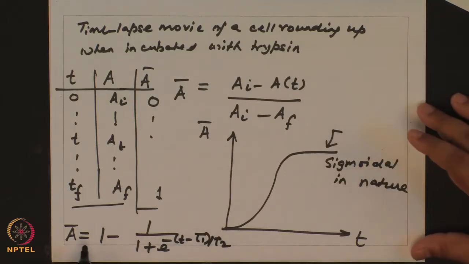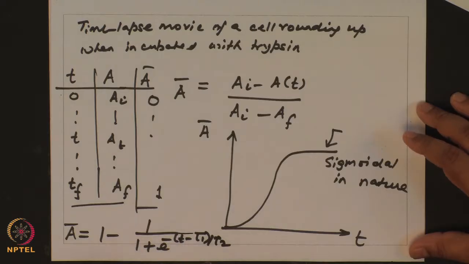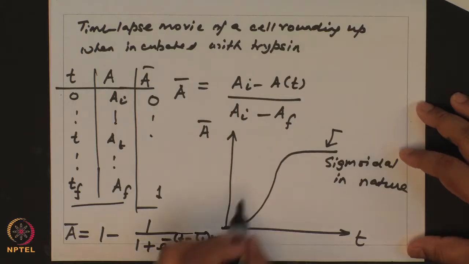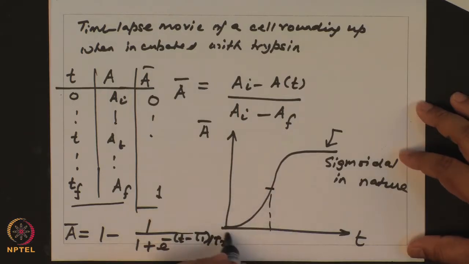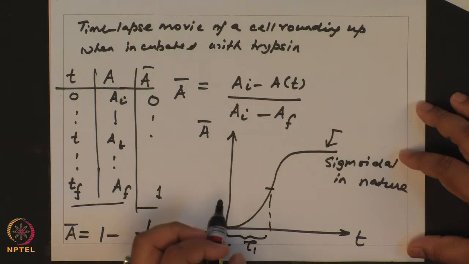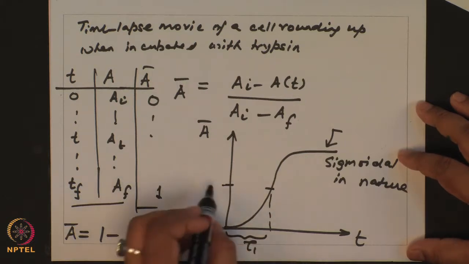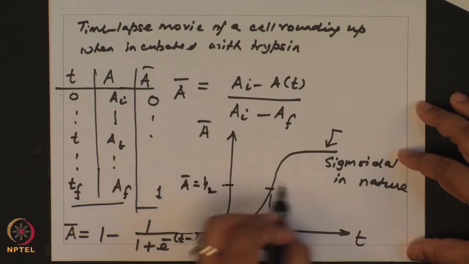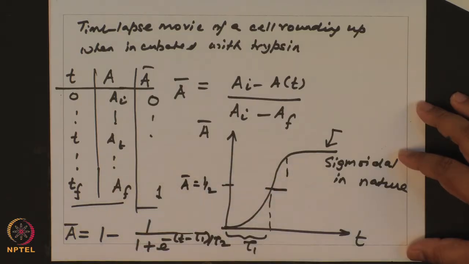I can have this particular function A bar fitted to this expression, where I can find out two time constants tau 1 and tau 2. So, what is tau 1? At t equal to tau 1, this entire variable becomes e to the power 0, so that is 1, and 1 minus half becomes half. So, tau 1 corresponds to the time at which you have reached a value of A bar equal to half, and tau 2 is the time constant for the second portion of the curve.